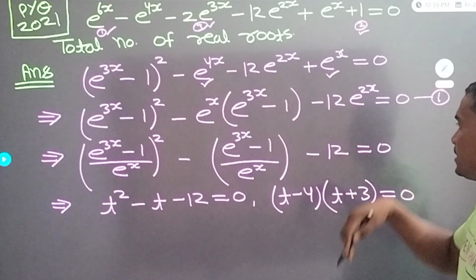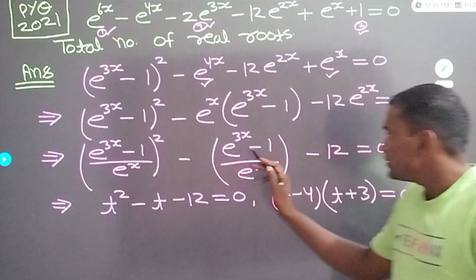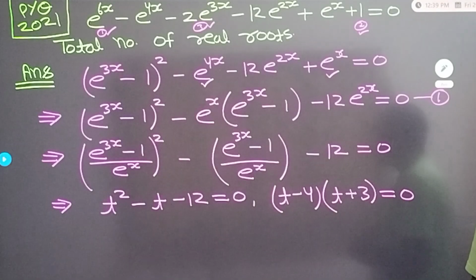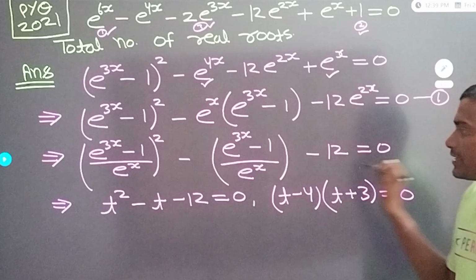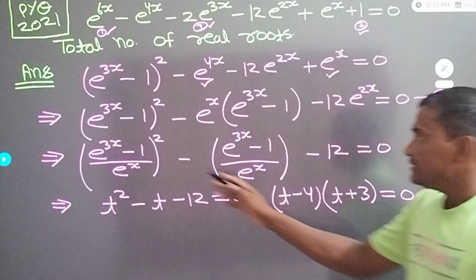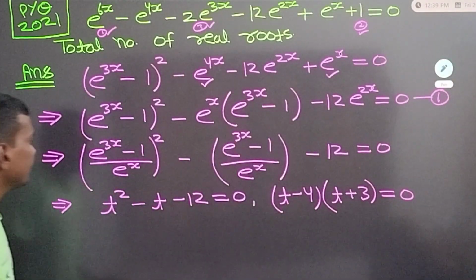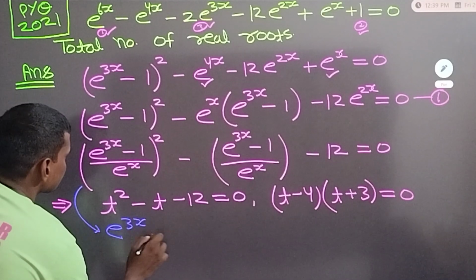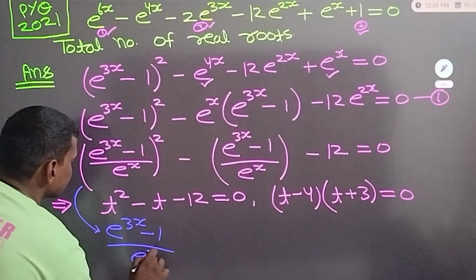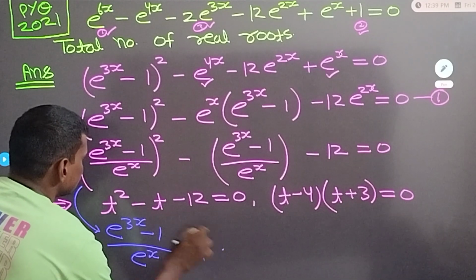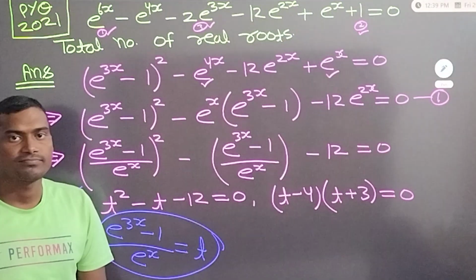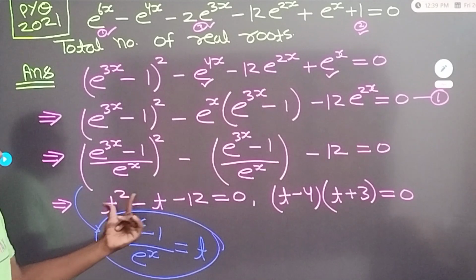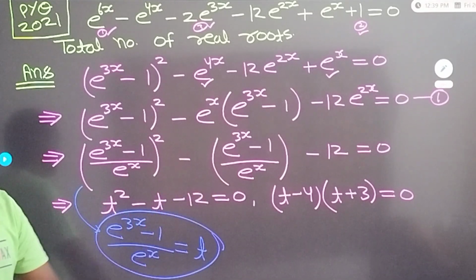If we divide by e power 2x, you will get this equation. Understood? So this is the equation that we are getting, and in this equation I am putting e power 3x minus 1 upon e power x as t. After that we get t square minus t minus 12 equal to 0.